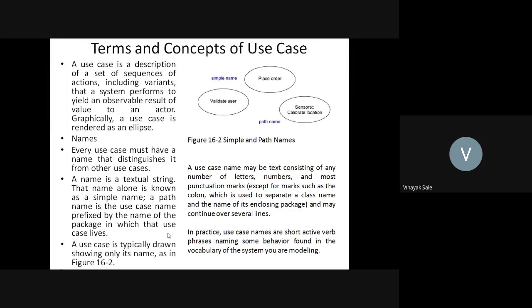A use case name may be text consisting of any number of letters, numbers, and most punctuation marks, except for the colon, which is used to separate the class name and the name of the including package. It may continue over several lines. In practice, use case names are short, active verb phrases naming some behavior found in the vocabulary of the system you are modeling.